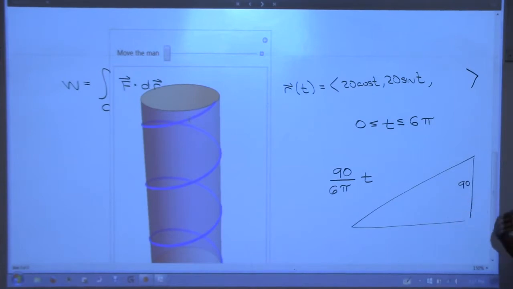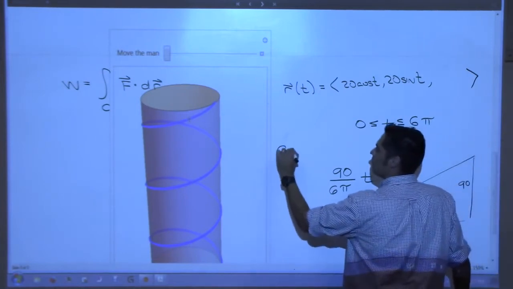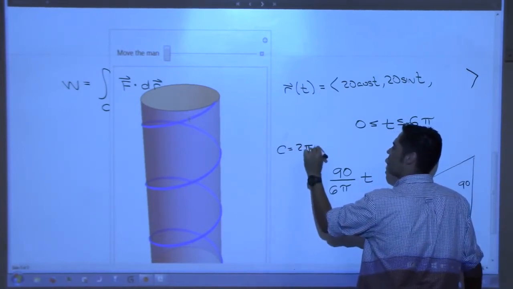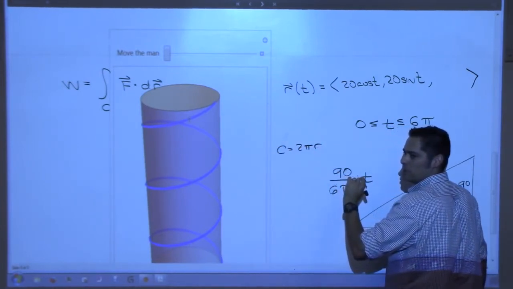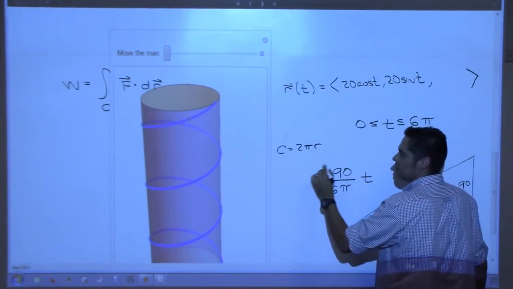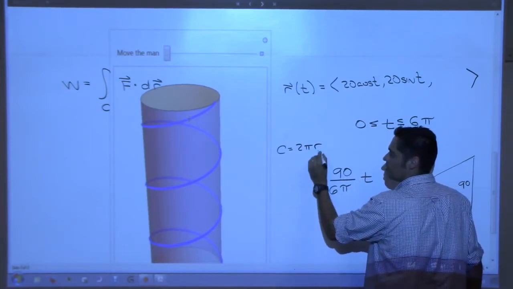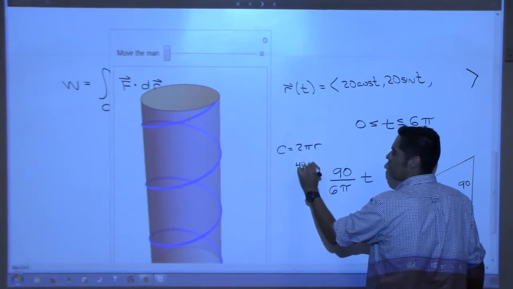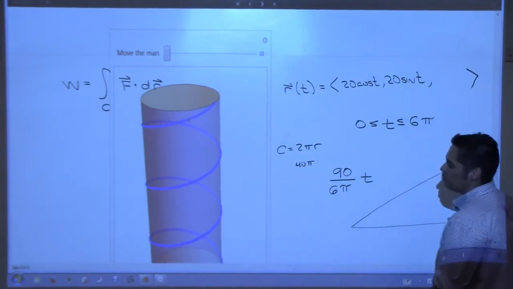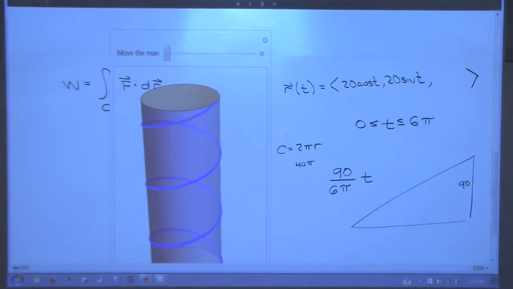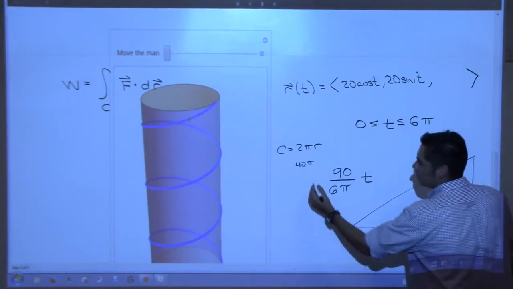It's 3 times the circumference of one circle. What's the circumference of a circle? 2 pi times r is the circumference of a circle. R was 20, so 40 pi is the circumference, and then do what?